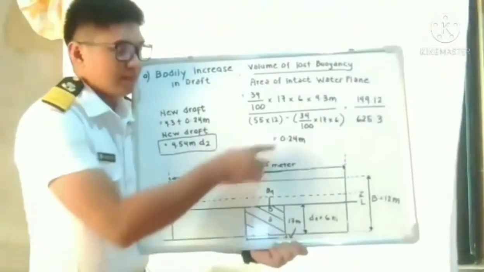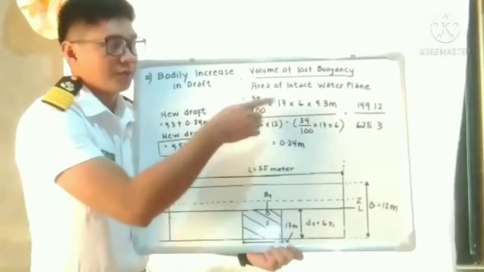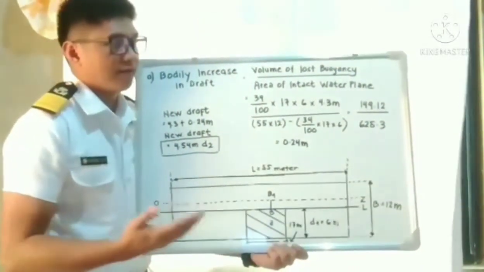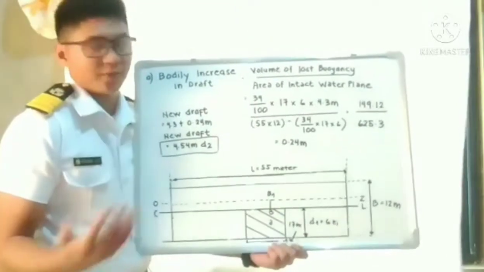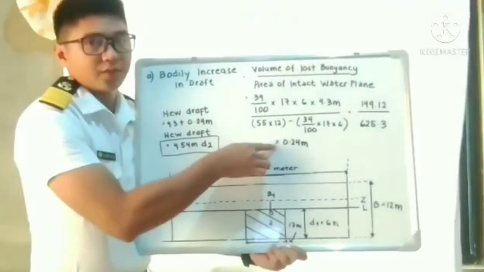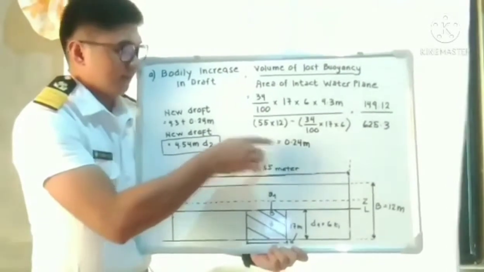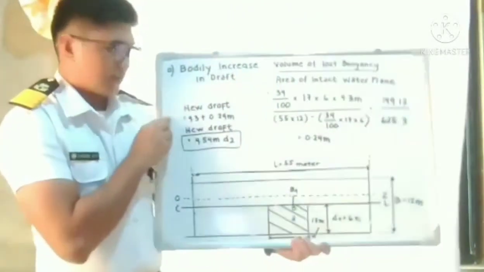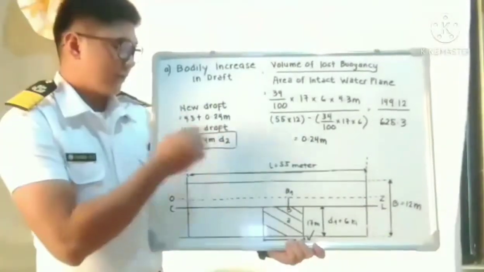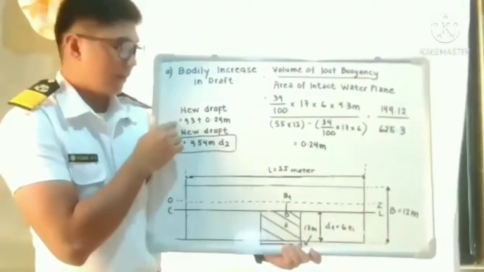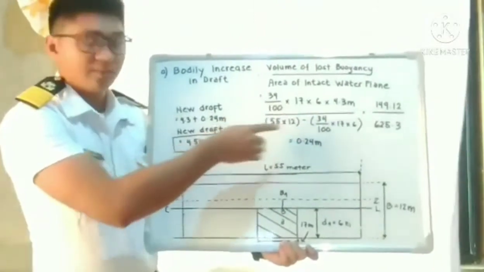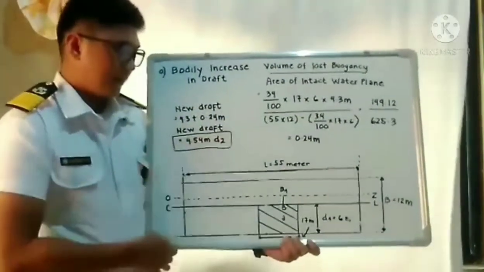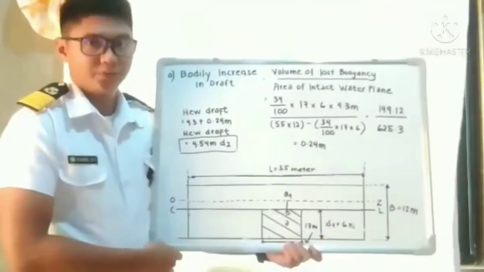To obtain this, you divide the numerator by the denominator: 149.12 divided by 625.3, you obtain 0.24 meter. Let's proceed. Our old draft of 4.3, which is even keel, plus 0.24, gives 4.54 as D2, our new draft.